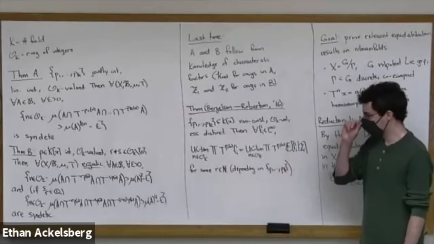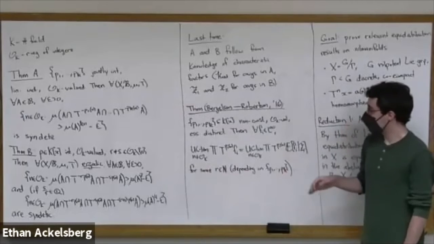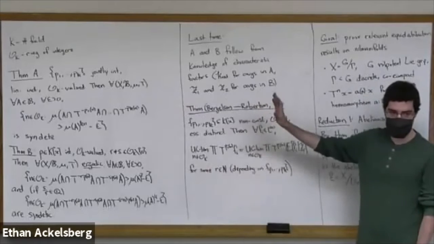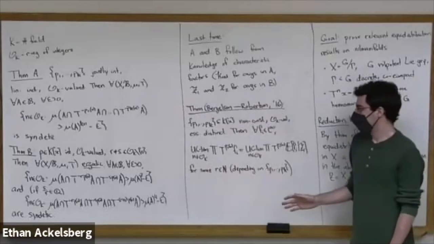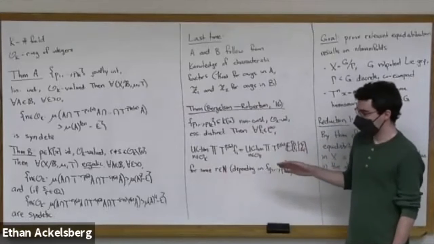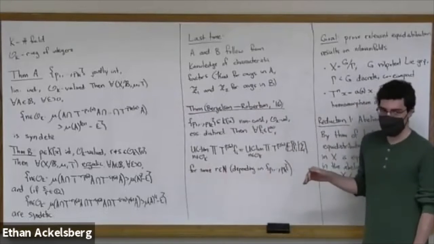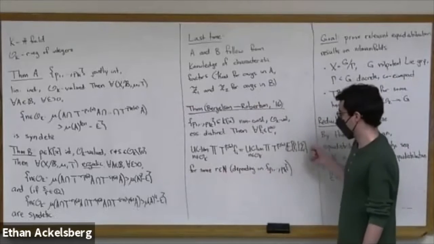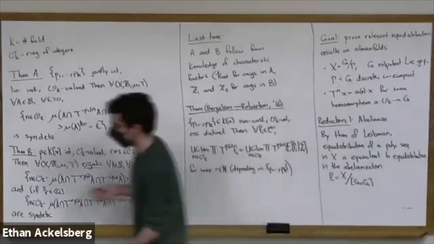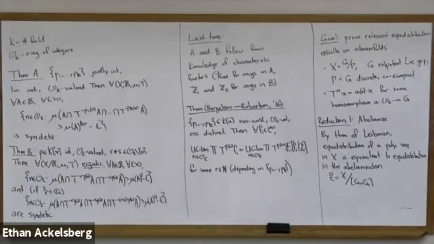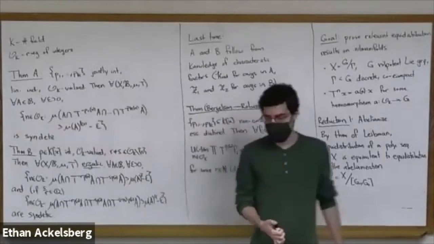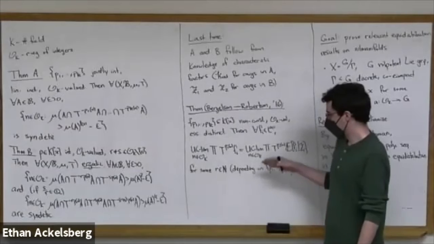And so what I want to do today is actually show that the relevant characteristic factors behind these results are what I claimed that they are. And I started at least doing the setup of that last time. So there's a general result about polynomial families in rings of integers.